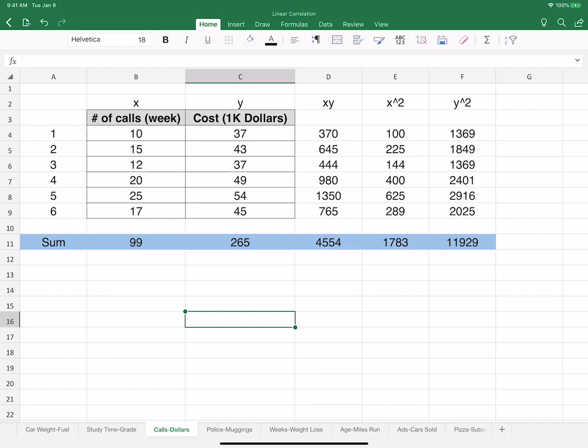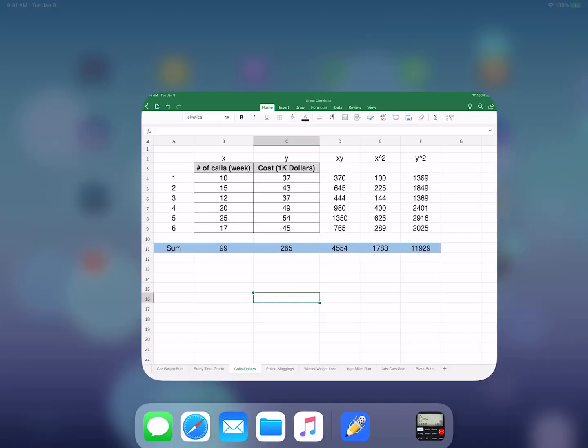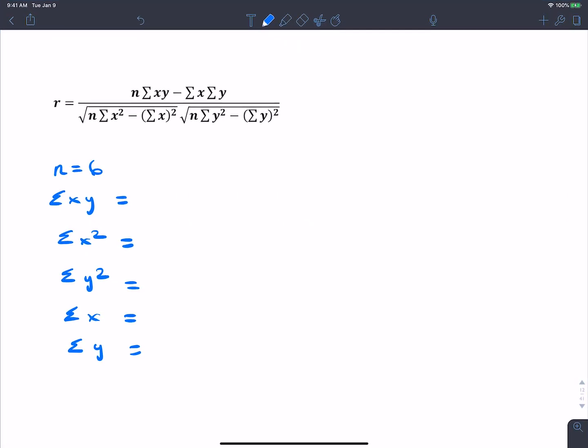Do you guys have those values? I'm going to need your help with this. What was the sum xy, so we can write this down? What are the values? What's sum xy? 765?